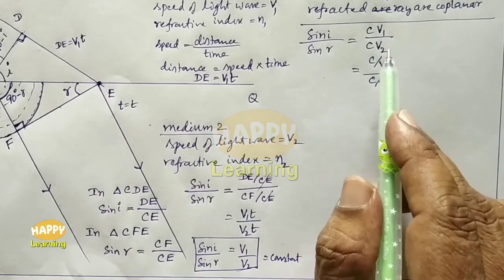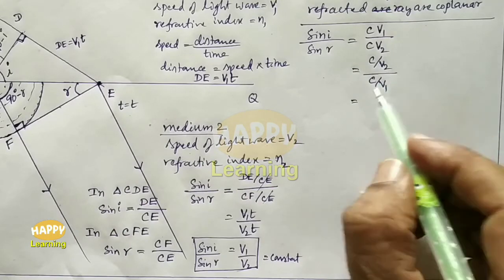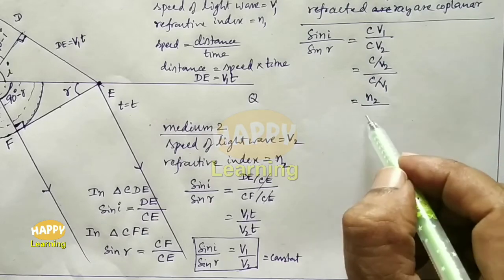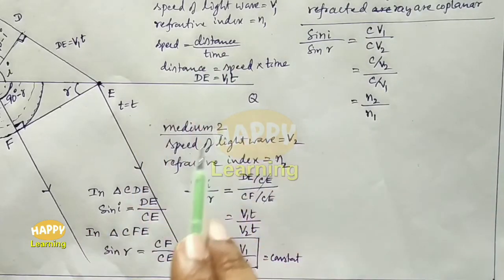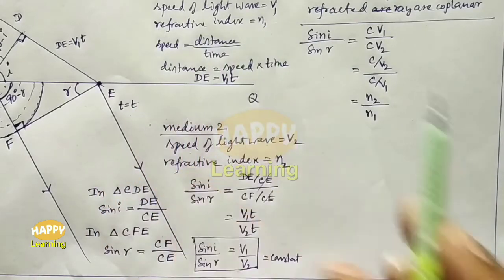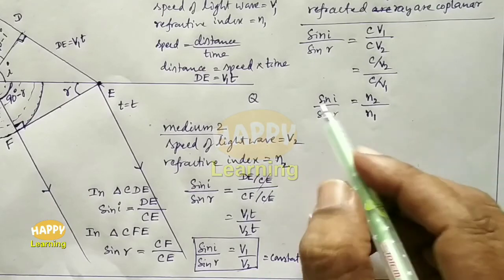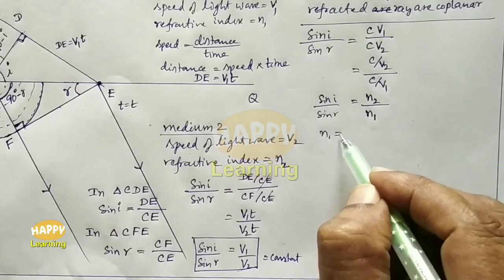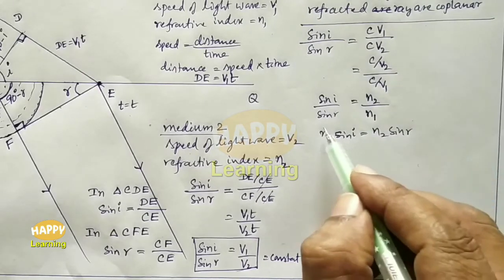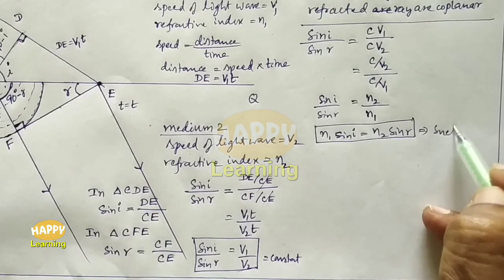C by V2 is N2 and C by V1 is N1. What is N2? Refractive index of the second medium. What is N1? Refractive index of the first medium. This is sin I by sin R. On cross multiplication, N1 sin I is equal to N2 sin R. This is Snell's law.